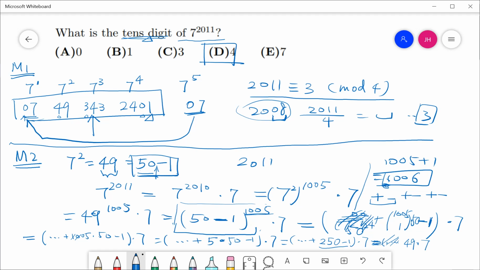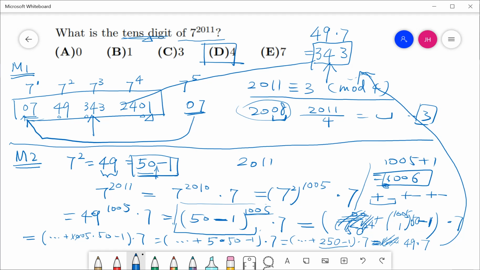We can ignore all these other numbers, which just supply a lot of zeros at the 10th digit and the 1st digit. And 49 times 7. So that equals 7 times 9, that's 63, and 4 times 7, that's 28, then that will be 343. Beautiful. So the 10th digit is 4.